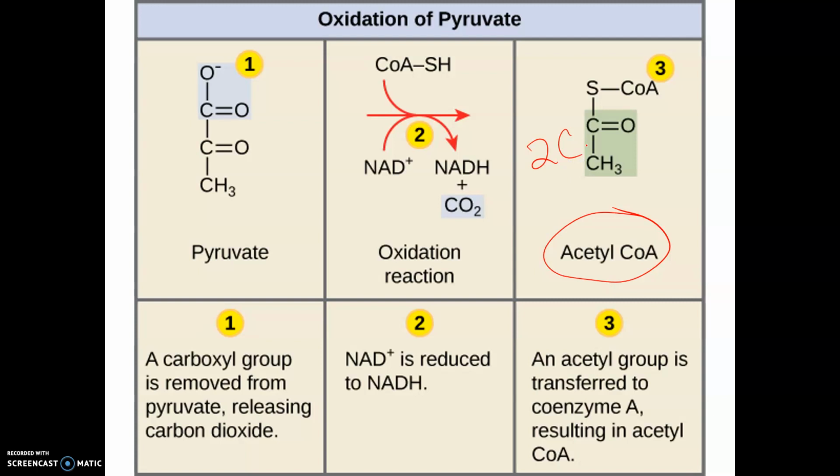And it would end up being converted into 2 of these because there were 2 pyruvates in the beginning, produced by the glycolysis step. And the acetyl-CoA, 2 of those are produced, 2 NADHs are produced, and 2 carbon dioxides are produced during the oxidation of pyruvate. And this step does occur in the mitochondria, not the cytoplasm.